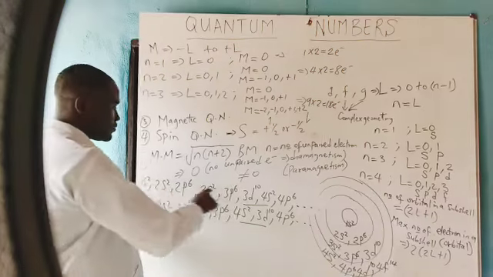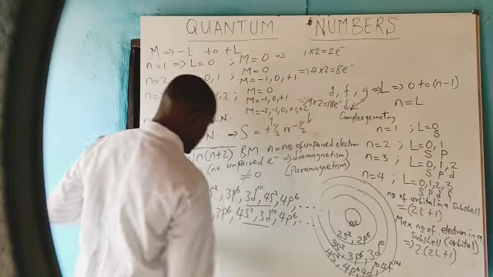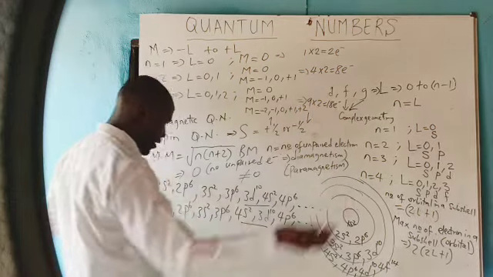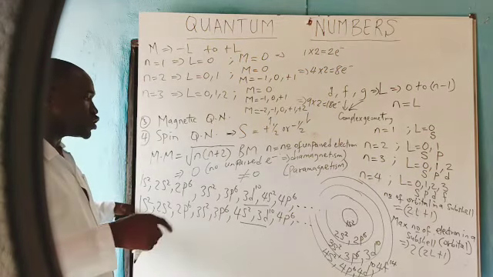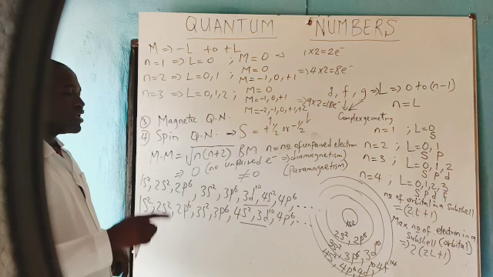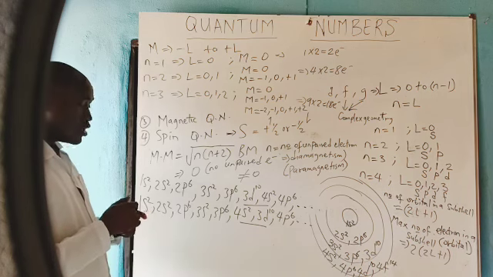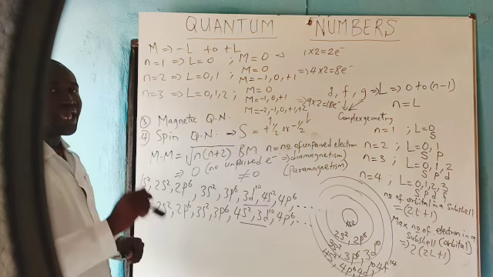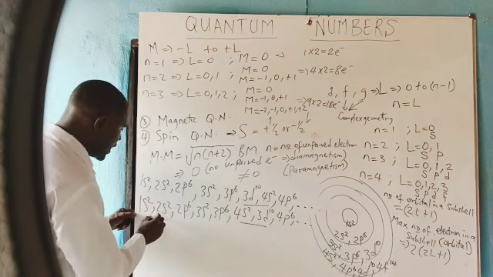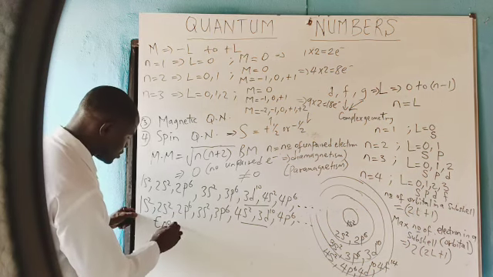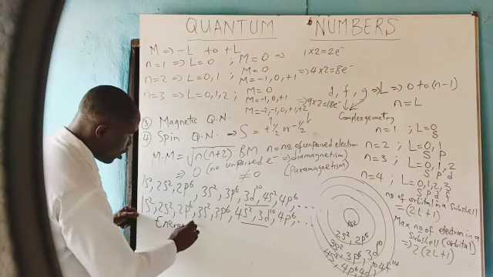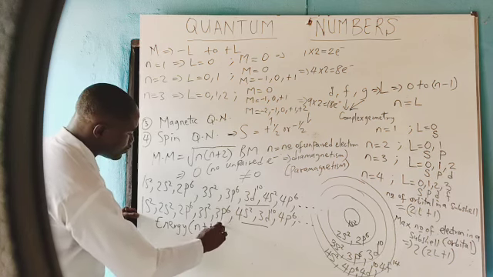We got this from one way, and we got this from another way. That takes you to the rule called the energy rule, or n plus l rule.